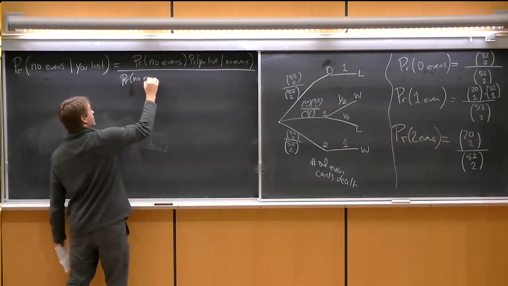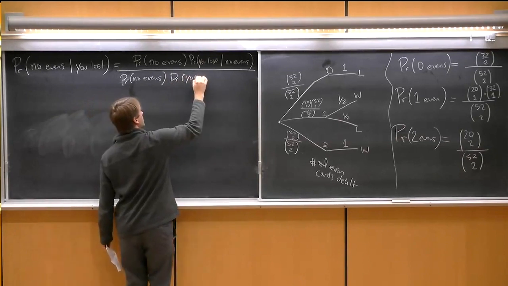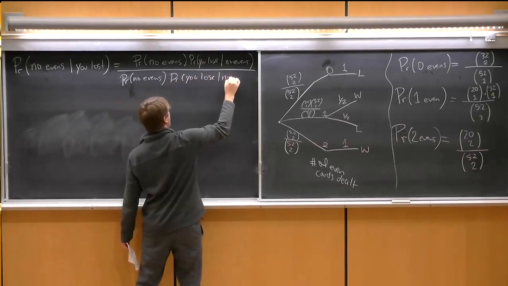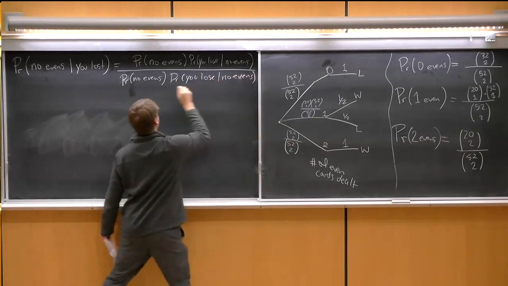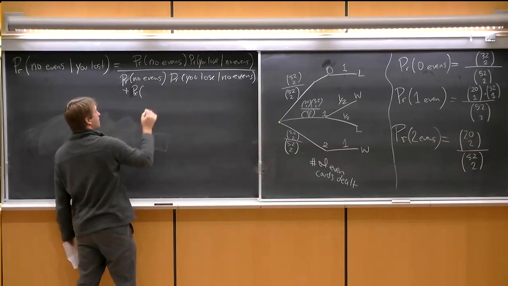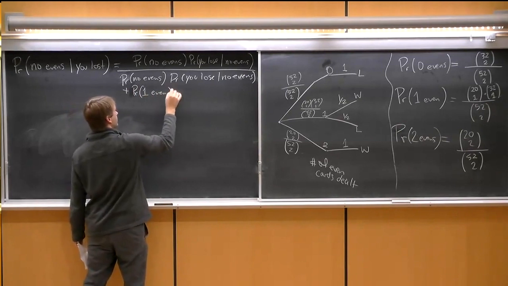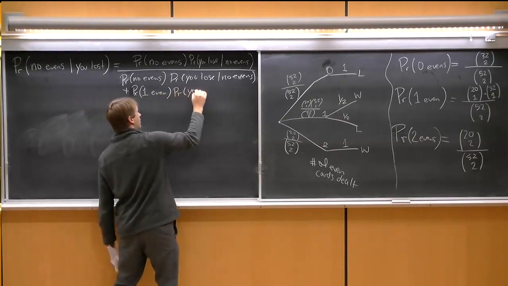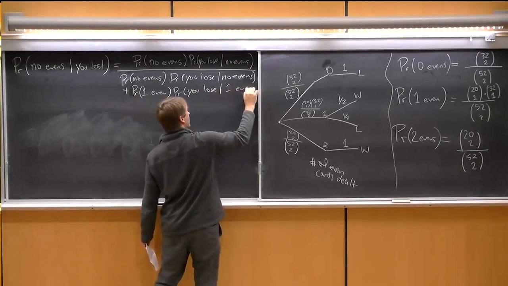Probability no evens times probability you lose given no evens, plus probability that there's 1 even, probability you lose given that there's 1 even.